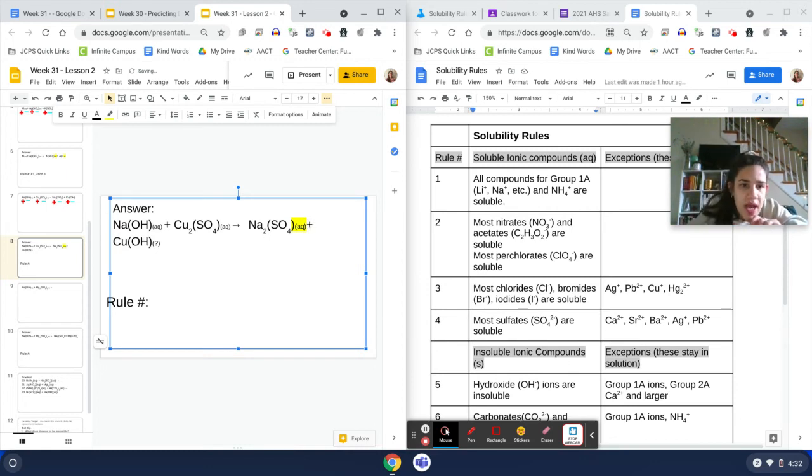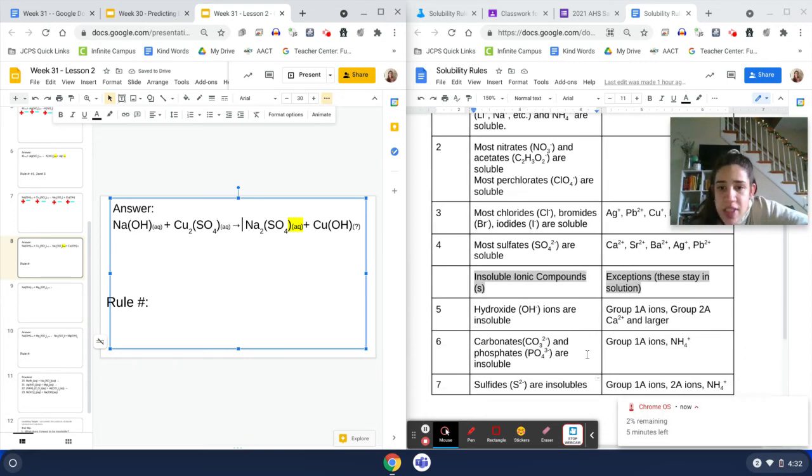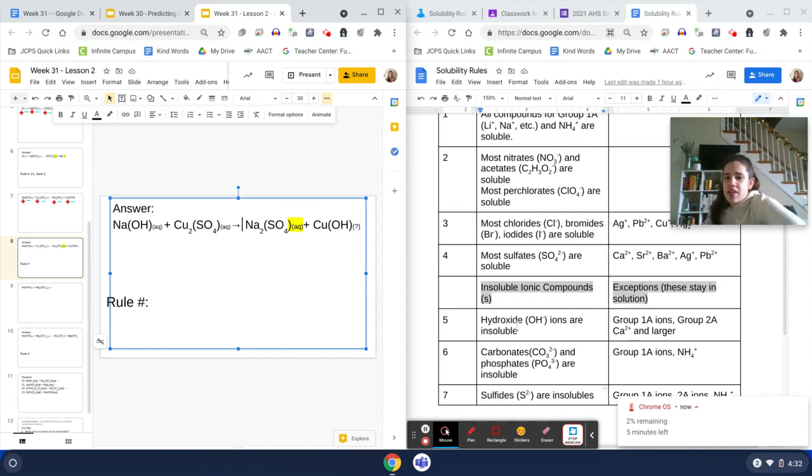Next, we have our CuOH. Here, we're going to go down the list. We're going to do a rule we haven't looked at quite yet. It's rule number 5. And in rule number 5, it tells you that these compounds below are insoluble. So hydroxide ions are insoluble. There is an exception to that, which is group 1A and 2A. But copper is not in either of those groups.